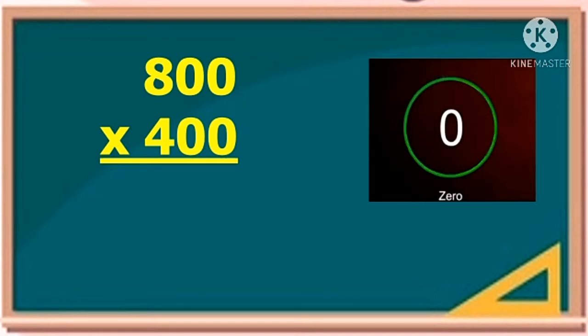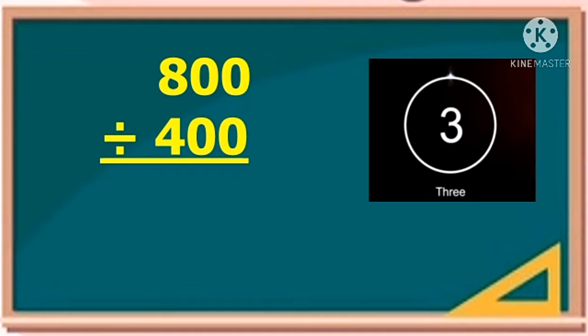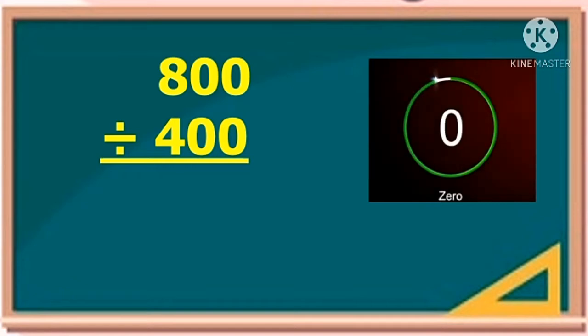If your answer is 320,000, very good, you are correct. 800 divided by 400. If your answer is 2, very good, you are correct.